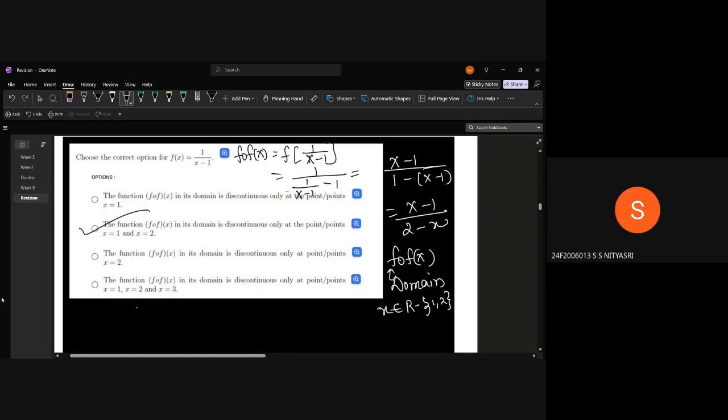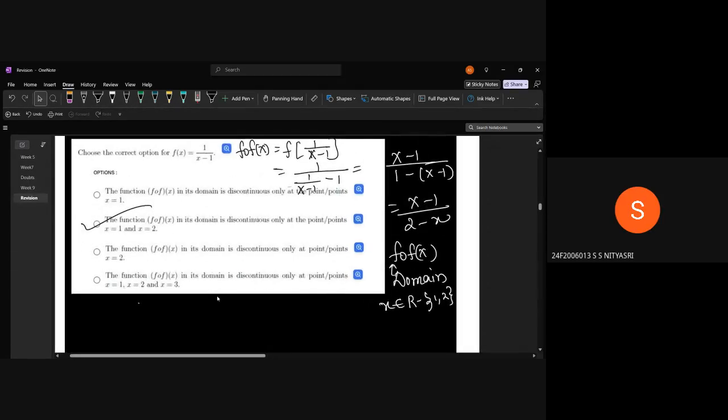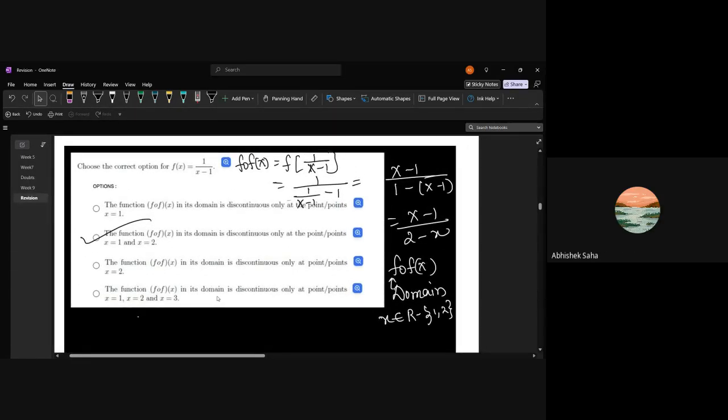So in composite functions, we should see the domain of the main function and the sub function, right, sir? Yes. If you want to find the domain of the composite function, you have to check the main function and whatever you are putting.